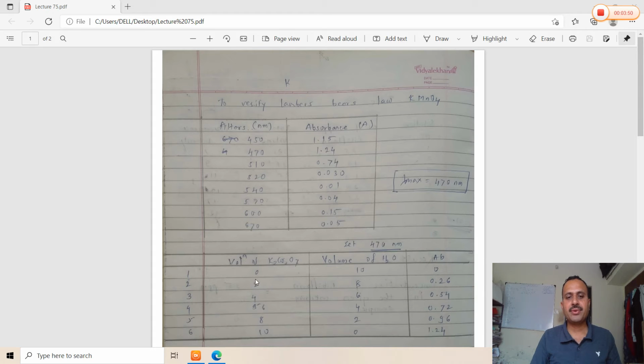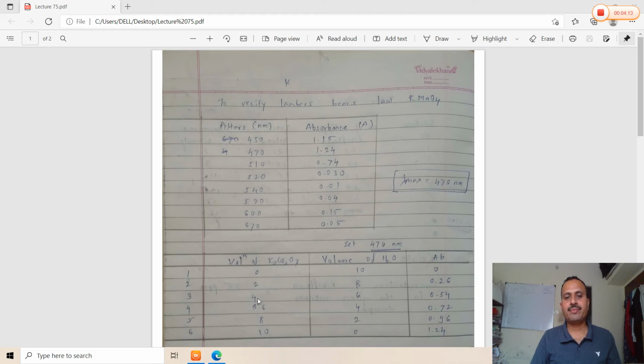In the first test tube, we take 10 ml of water, and with this 10 ml of water we take the absorbance, and that absorbance is 0. In the second test tube, we take 2 ml of KMnO4 or K2Cr2O7, and in the same test tube we add 8 ml of water.